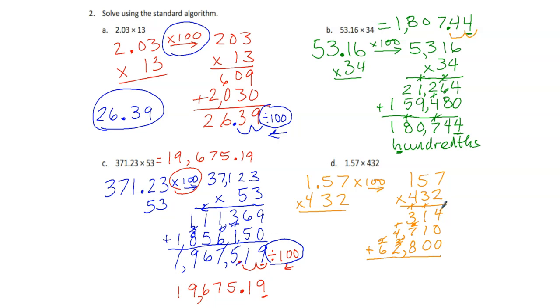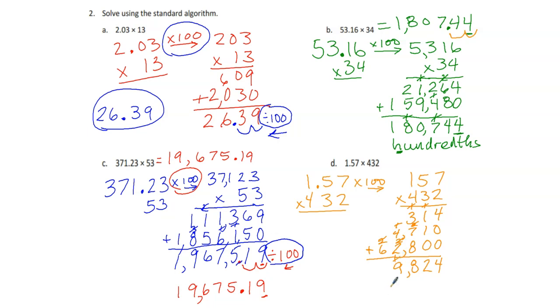Now I have 4 ones, 2 tens, it's 10, 18 hundredths, and all I did was 3 plus 7 is 10, plus 8 is 18, and I have 4 plus 2 is 6, 7, 8, 9,000.